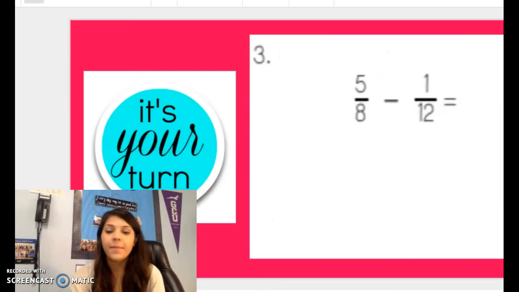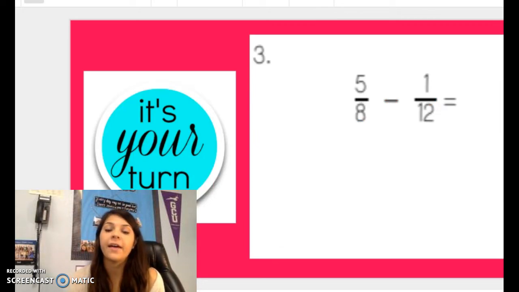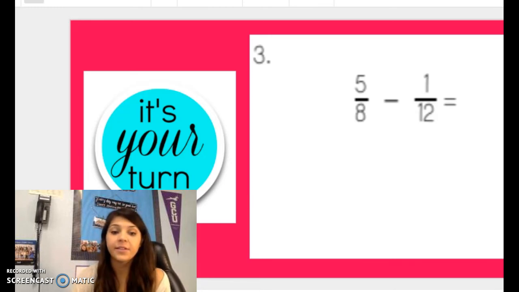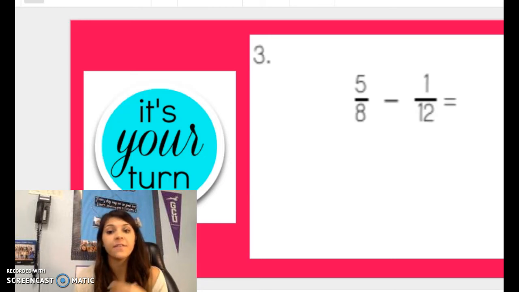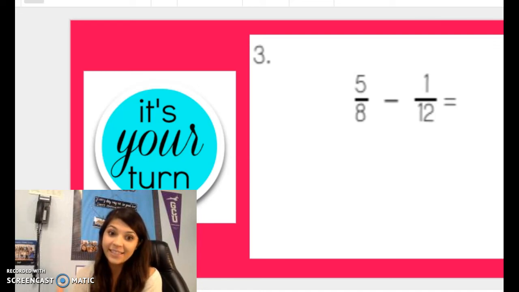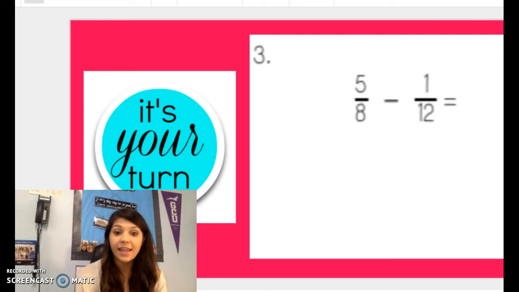So I had the students practice this problem on their desks, where I had them try 5/8 minus 1/12. If you'd like to give that a try by yourself, it'd be a really good time to practice. If you want to pause the video while you're practicing and hit play, I will show you then how to get that answer.